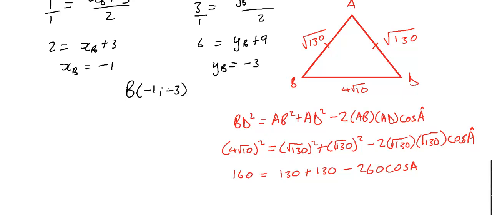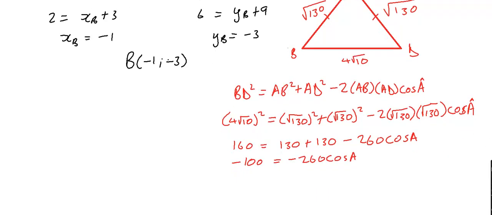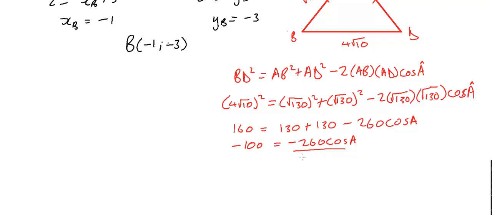If you bring this 130 this side, 160 minus 130, that's going to be 30, and then you bring another 130 this side, that's going to be negative 100, which is equal to negative 260 cos A. If we divide by negative 260, these will cancel.